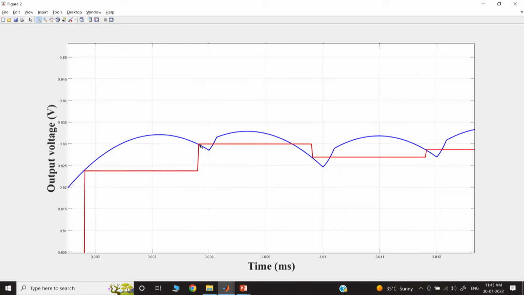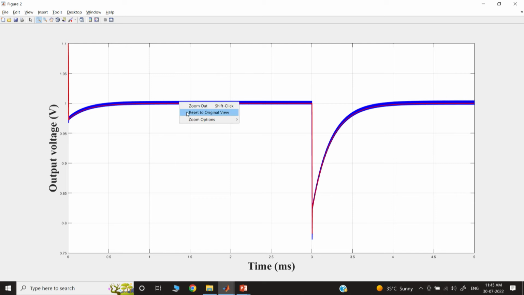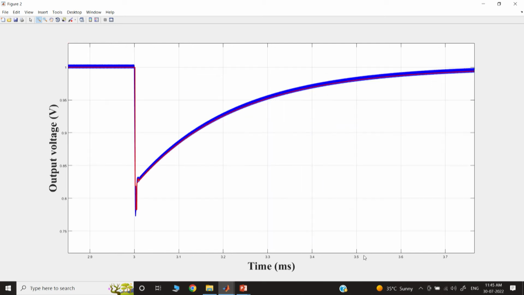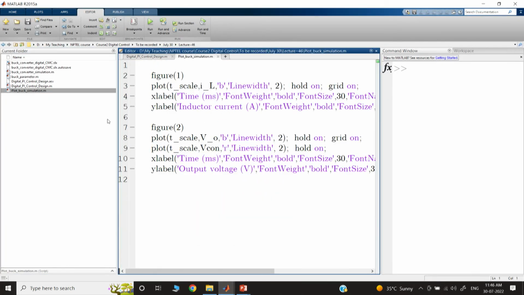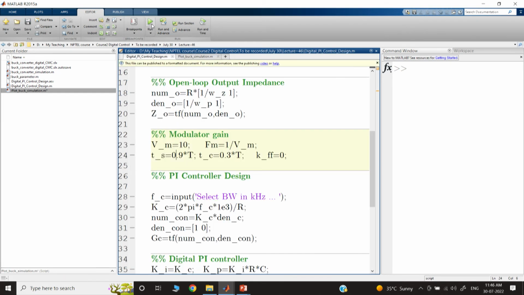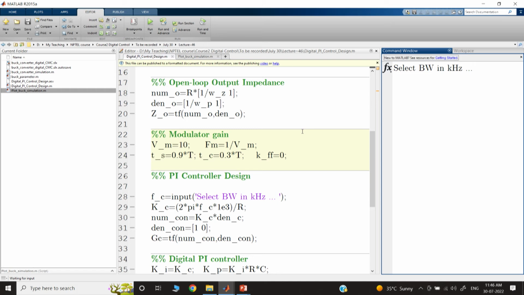So, there is a T/10 delay, and this delay will cause some additional phase lag compared to analog control. Now, the next task is to compare what will happen if we add a load feed forward. In that case we will simply not show the sample. So, let us first simulate once more, that means 80 kilohertz.